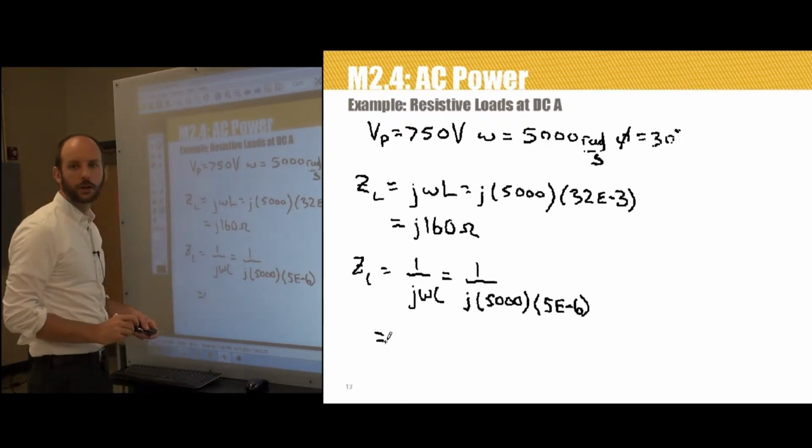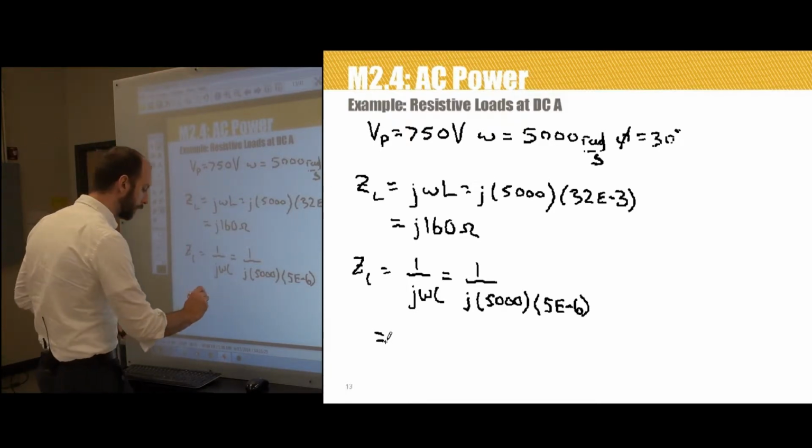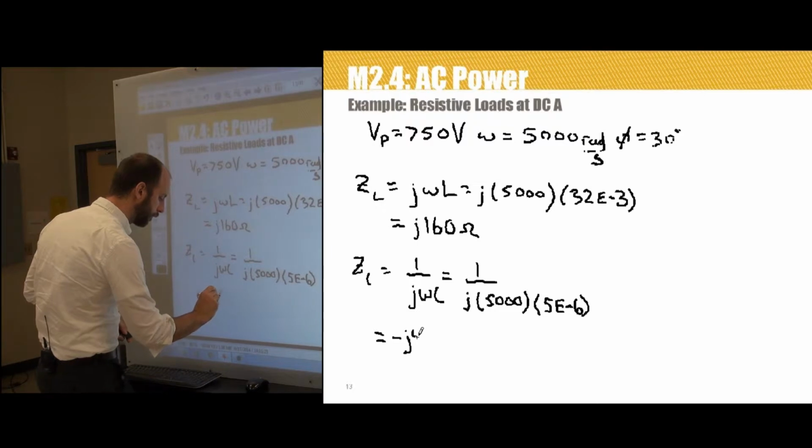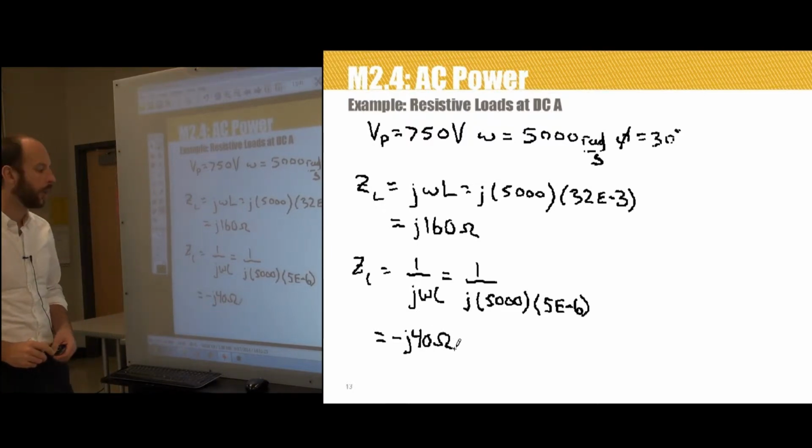That's going to result in minus j40. Again, it's a reactance, measured in ohms.